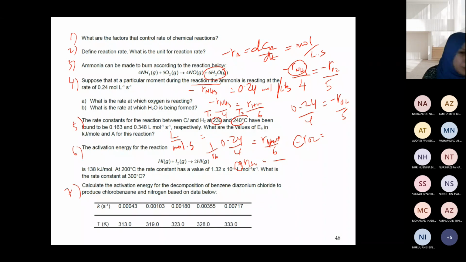Okay, so daripada situ you kena buat directly lah ln R2 over dengan R1 is equals to ln K2 over K1, okay, is equals to E over R, 1 over T1 minus 1 over T2. Okay, so daripada situ you kena cari what is the value of EA and what's value of A.